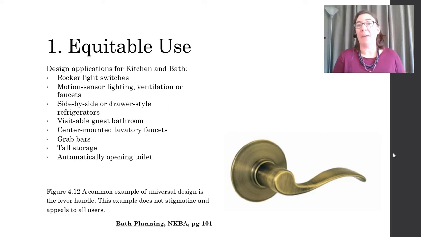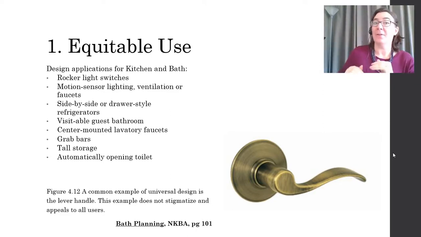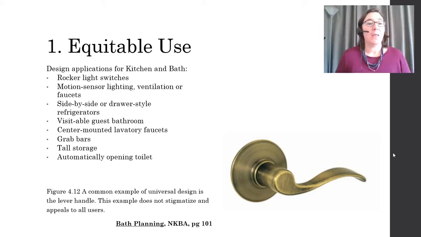A guest bathroom that's visitable or accessible or on the ground floor, right? Lavatory faucets that are center mounted and not off to the side, right? Grab bars for equitable use. Tall storage, again, storage at different heights, and an automatically opening toilet.